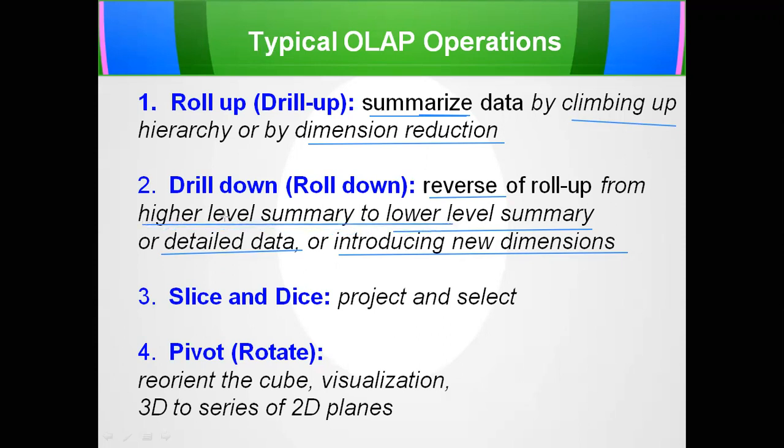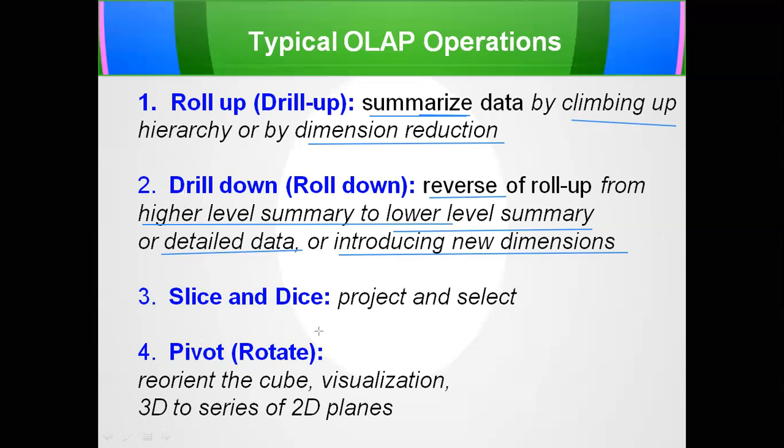So my higher level summary contains the quarterly data and lower level summary will contain the month-wise data, right? Again, month-wise data, you can convert with the help of drill down operation into the weekly data, right? If your cube contains the monthly data, if the manager wants to analyze the sales weekly, right? So that you can convert into weekly summarized data with the help of drill down operation, right?